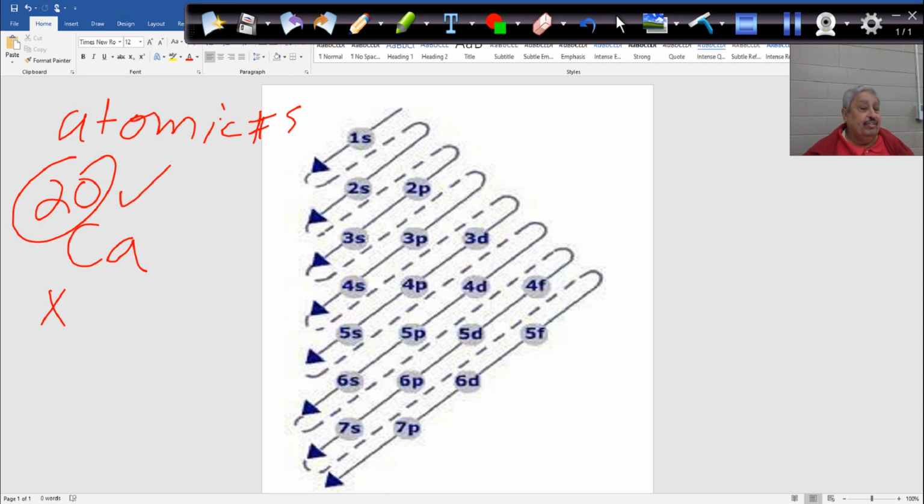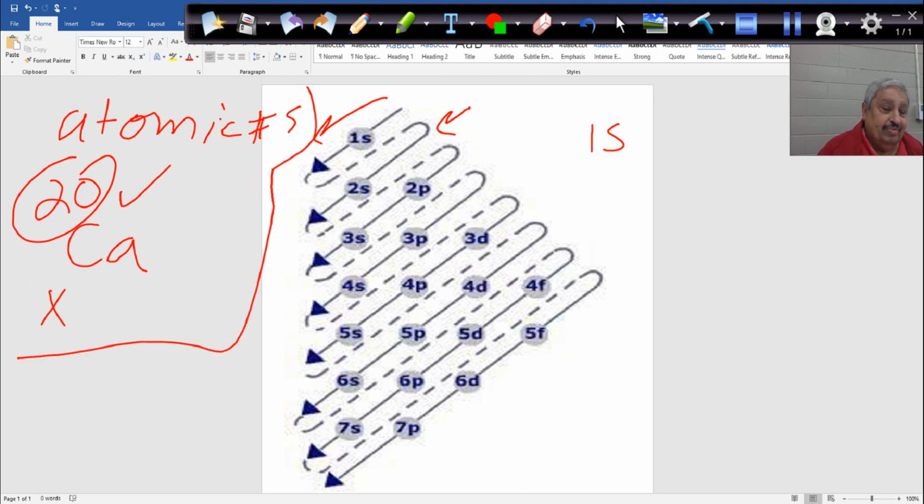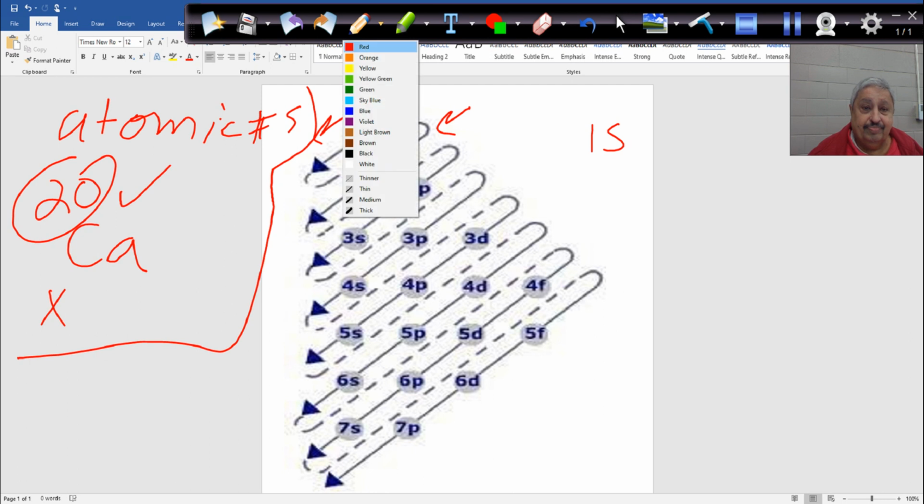So we have to accommodate 20 electrons into their orbitals, correct? So how do we do that? Let's look. We start with 1s, correct? I'm going to arrow down, and then the bottom, the tail of the next one. So 1s, and I have to know another rule here, guys.